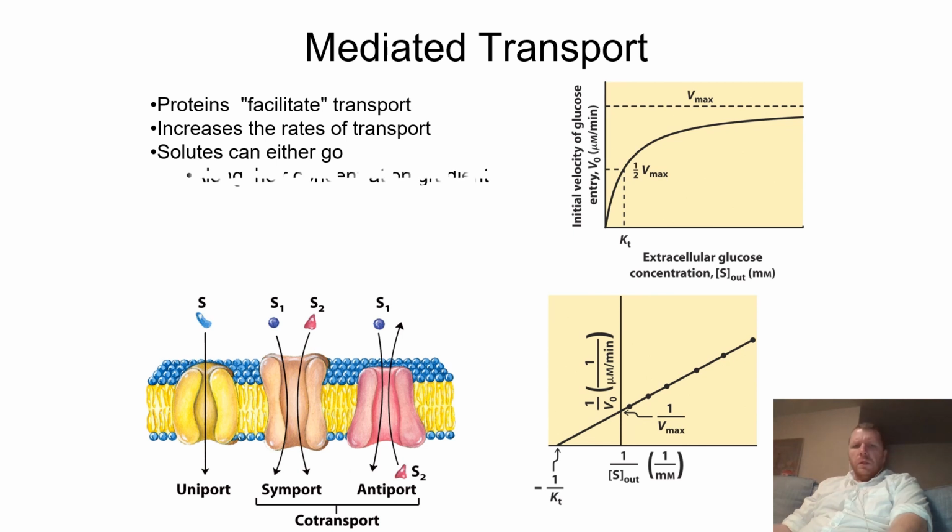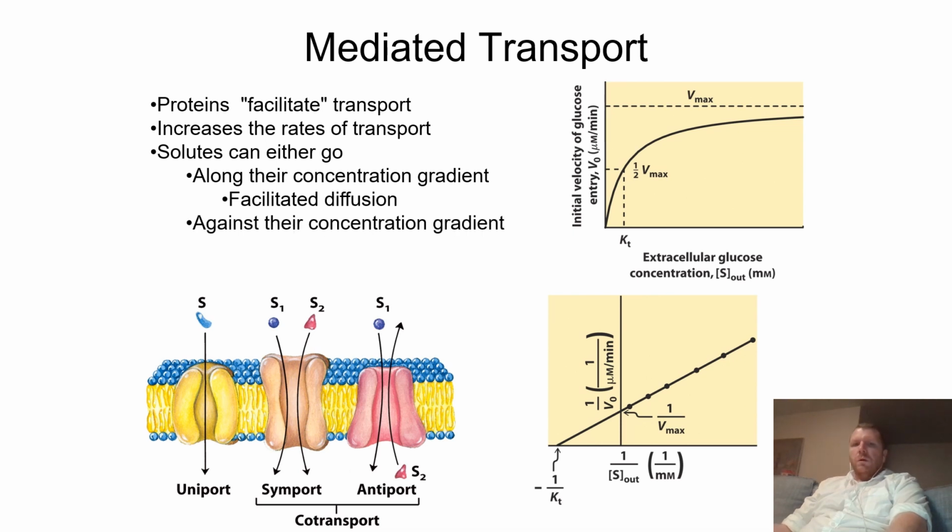The solutes can either go along the concentration gradient through facilitated diffusion, or they can go against that concentration gradient. Whenever we talk about something going against its concentration gradient, first of all, we're talking about active transport. We're going from low concentration to high.